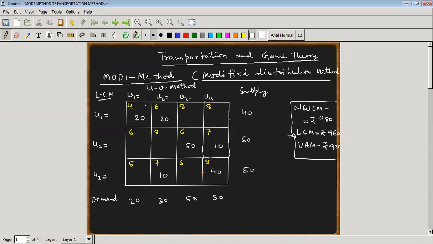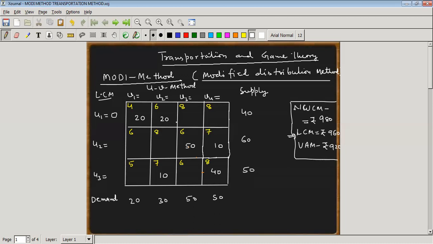For this, we associate U1 equal to something, U2, U3, and V1, V2, V3, V4 equal to something. For consistency, we always put U1 equal to 0.